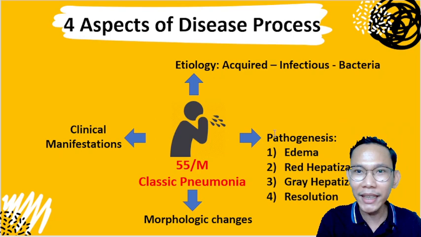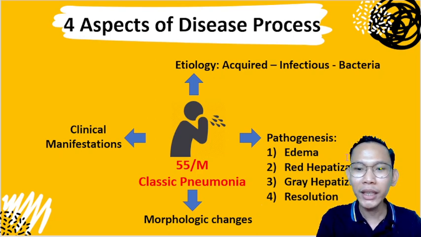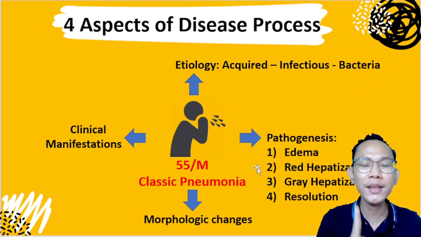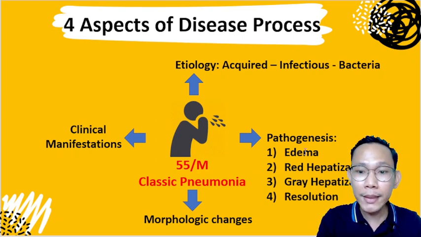Sige, check natin ha. Pathogenesis, edema, red hepatization, gray hepatization, resolution. Ito na yung tinatawag na progression ng disease. If you will be able to acquire this bacteria sa ating lungs, ang initial phase ng gagawin ng bacteria is to do edema sa ating baga.